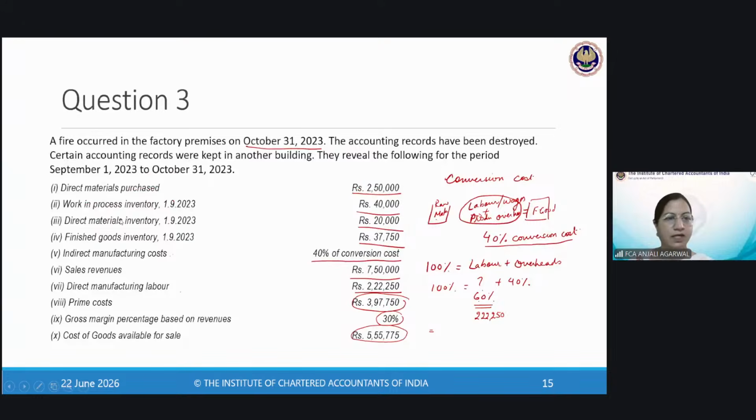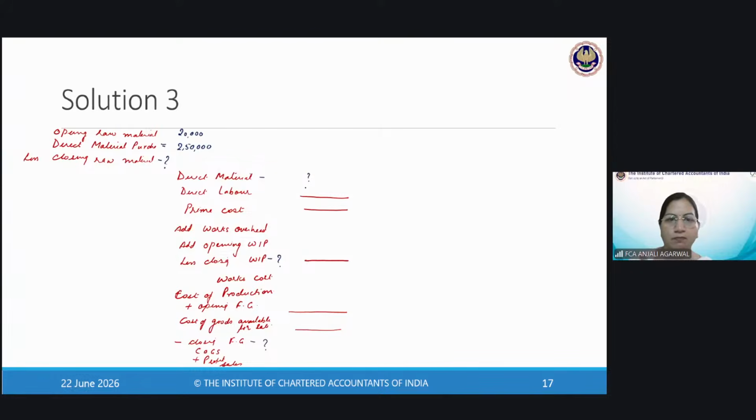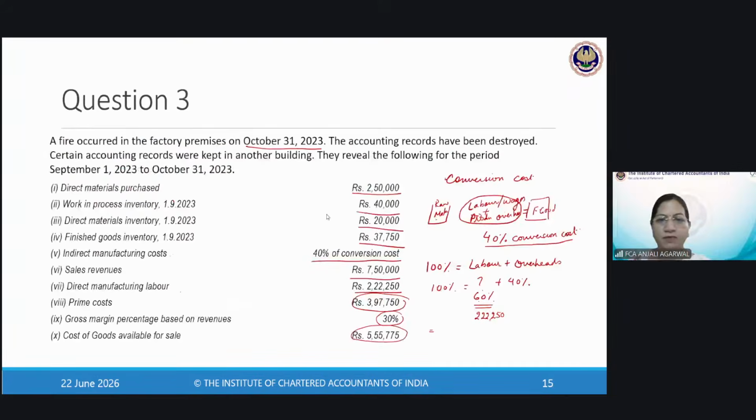Labor information we have, direct manufacturing labor, 222,250. So unless we have the direct material, we will not have the prime cost. Works overhead, we don't know as of now. We need to do a working note to calculate that. Opening WIP we have.